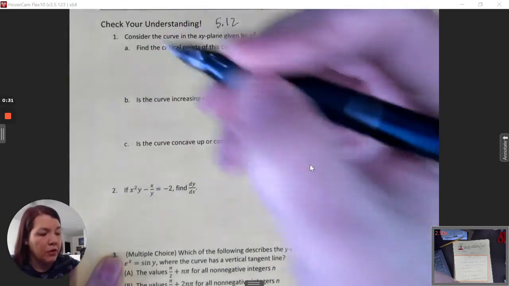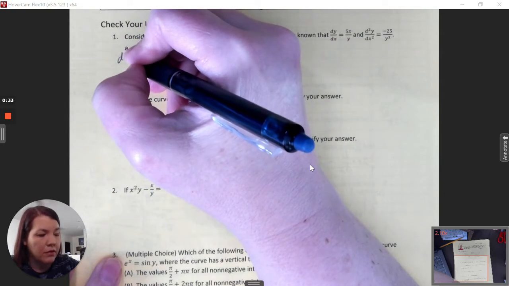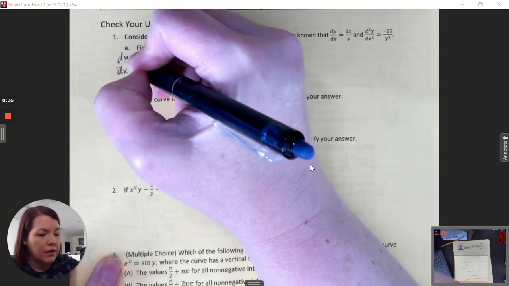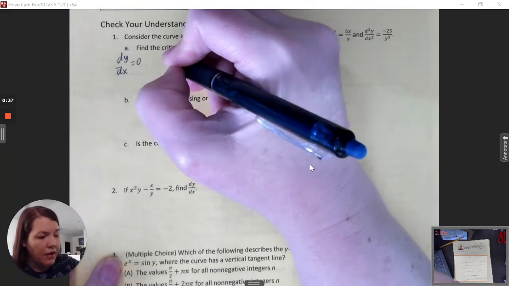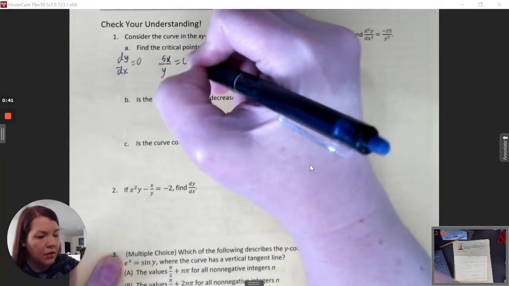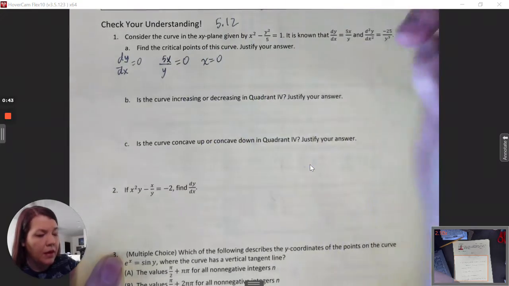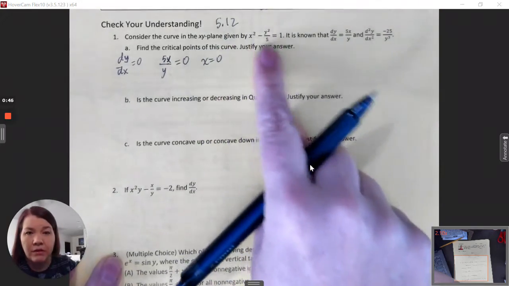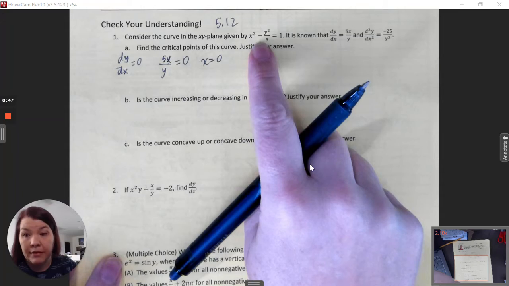We know critical points occur when the first derivative is equal to 0. So when 5x over y equals 0, which happens when x is 0. Now the question is, is x ever 0 on this hyperbola?